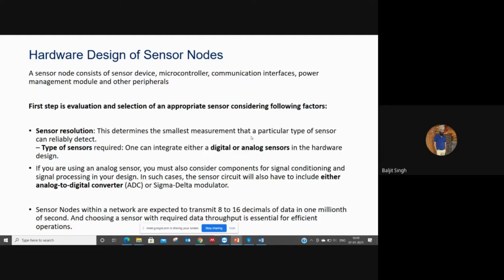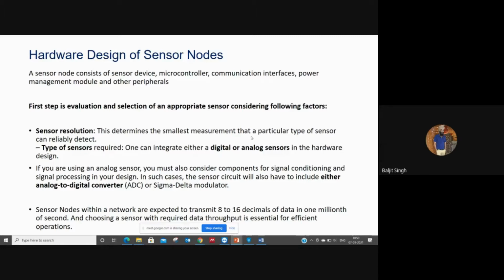Some computational platform is connected, like a microcontroller or microprocessor or any single board computer, and it is then connected to some gateway or other microcontrollers through any communication medium. That is called an edge computing device, or here we have named it a sensor node.